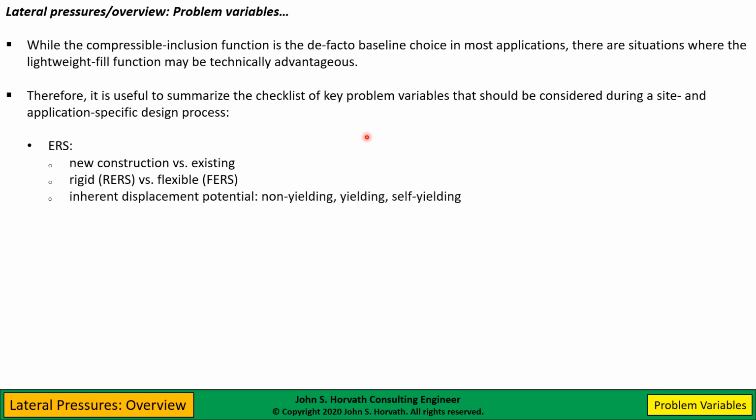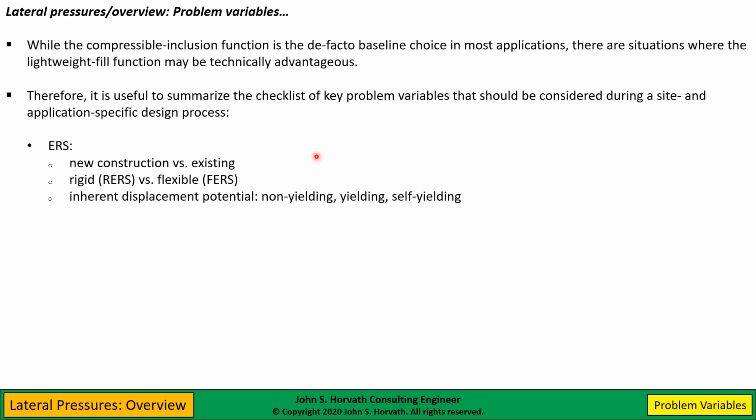What is the inherent displacement potential of the earth retaining structure? And what I mean by inherent is, look, if I built this earth retaining structure without geofoam, is it inherently non-yielding, yielding, or self-yielding? So for example, if I build a basement wall of a building or a bridge abutment, without geofoam, that's inherently non-yielding.